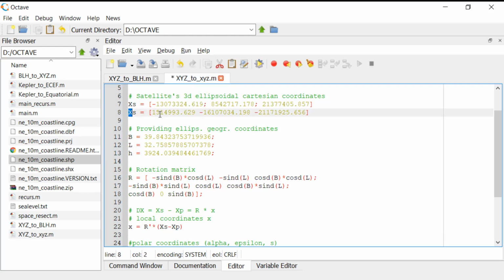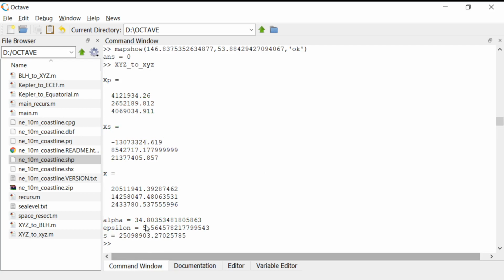So let's compute the polar coordinates of the satellite. We will see here 34 degrees for alpha, and epsilon is 5 degrees.